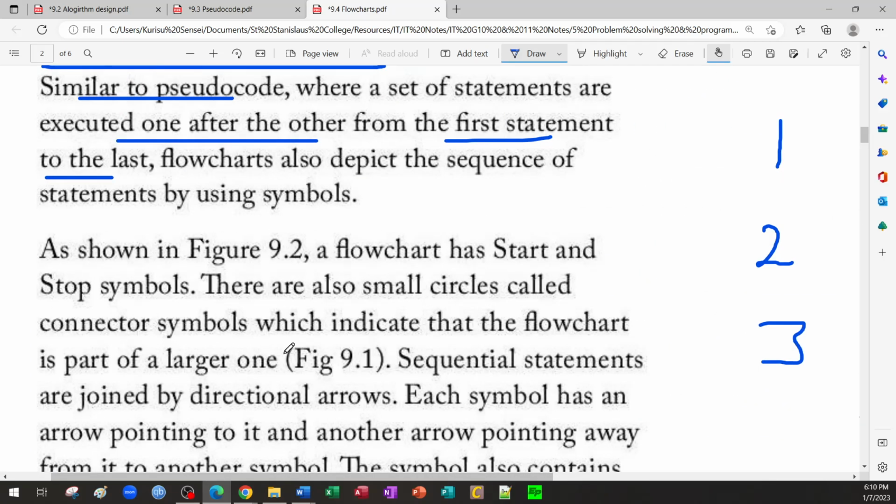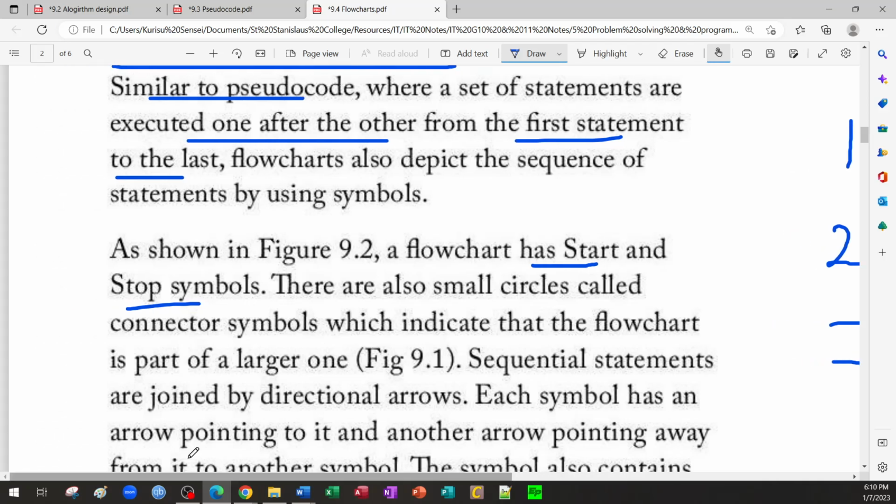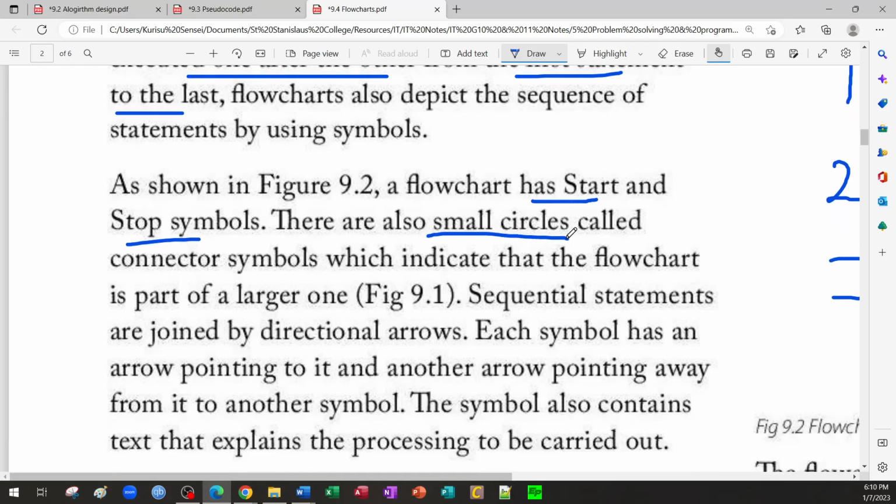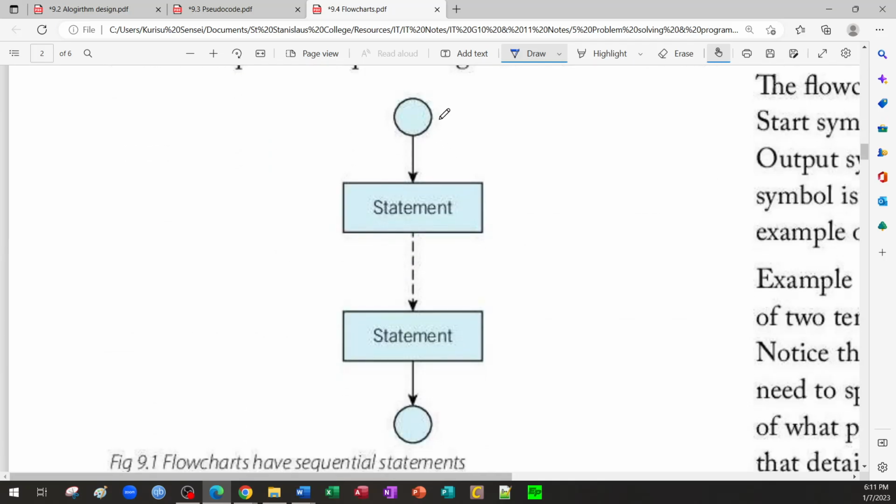So as shown in that figure, a flowchart has a start and stop symbol. We already know what that indicates. There are also small circles called connector symbols, which indicate that the flowchart is part of a larger one. So remember, the connector is not start and stop. So this here is not start and stop once again.